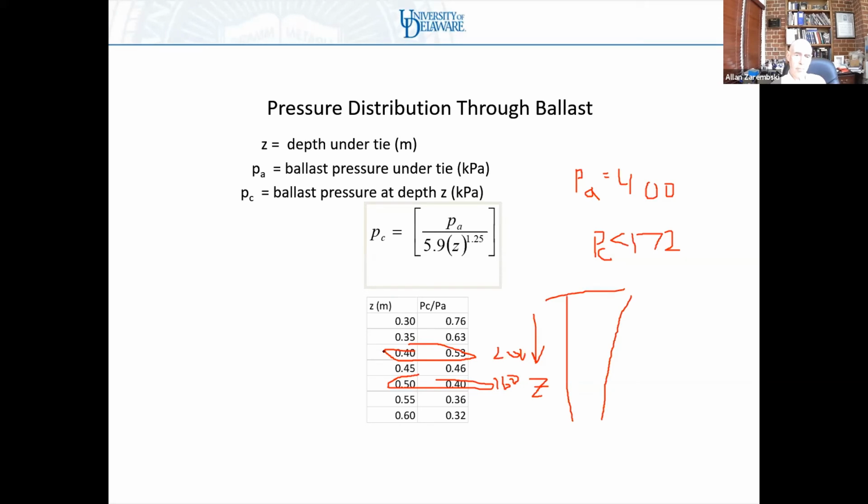Now, when you're dealing with ballast, just remember you can't apply ballast to the nearest centimeter or so, because the ballast particles themselves tend to be about 10-12 millimeters each, or larger, depending on the depth of the ballast. So typically, if you round up to the nearest 0.1 meter, you're probably okay.